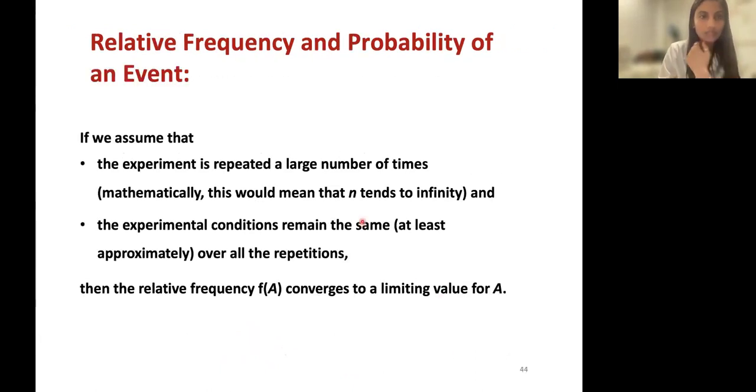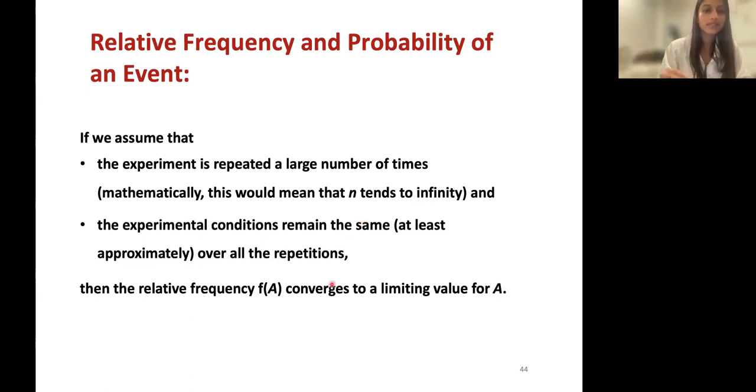Now let's connect relative frequency and probability. If you assume that the experiment is repeated a large number of times, mathematically it means that n would tend to infinity. When you do all this, the experimental conditions remain the same over all the repetitions.